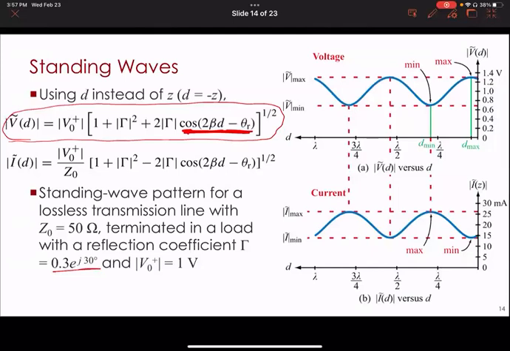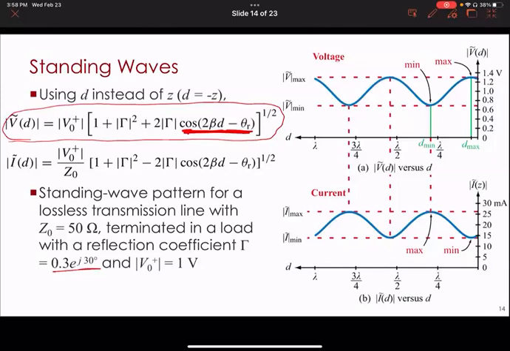Without knowing anything about 2 beta d and theta r, what's the biggest that thing can be? If you went crazy in your calculator and said cos of this number, cos of that number, cos of whatever, it can't be bigger than 1. Cos is restricted between 1 and -1. So the biggest it can be is 1.